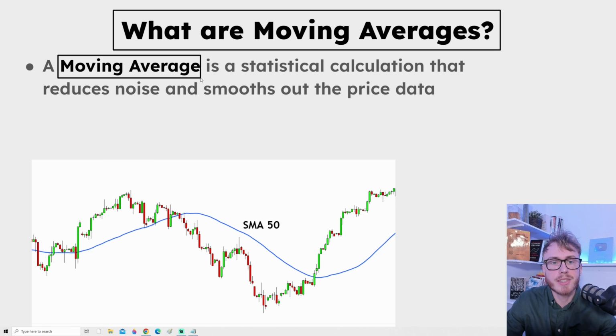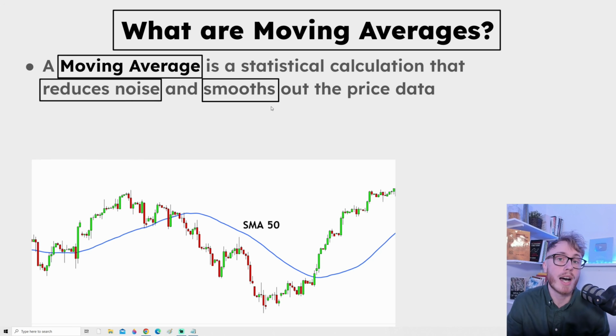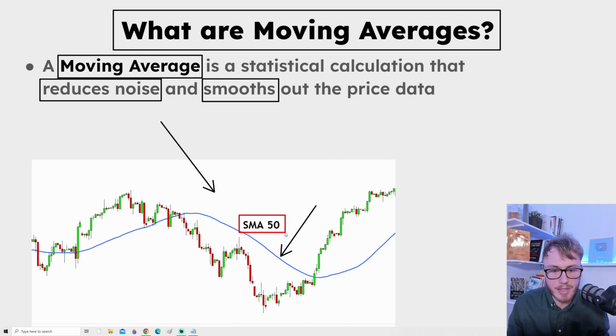A moving average is a statistical calculation that reduces noise and smooths out the price data. So for example, if you take a look at this chart right here, you can see that this blue line on the chart is a moving average. And to be more precise, it's an SMA 50. And we will talk more about that very soon.